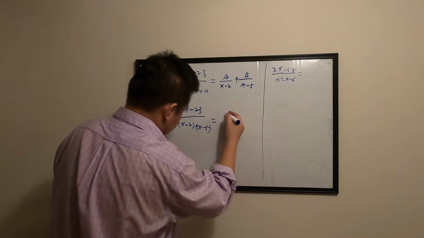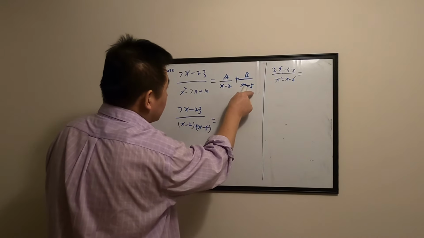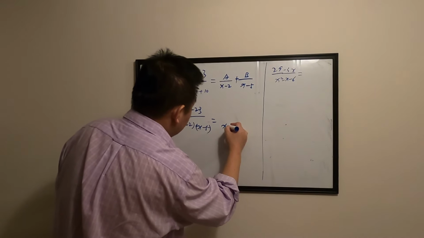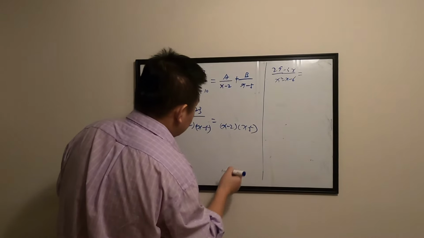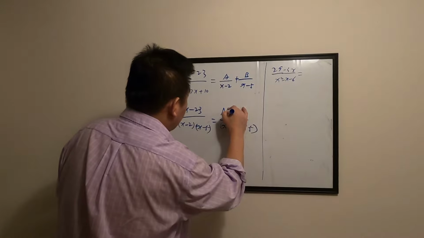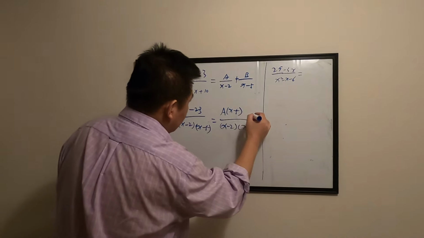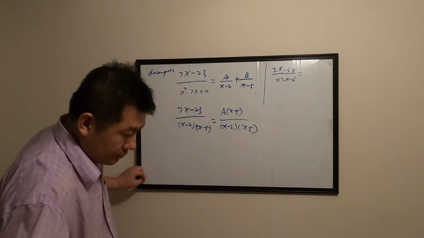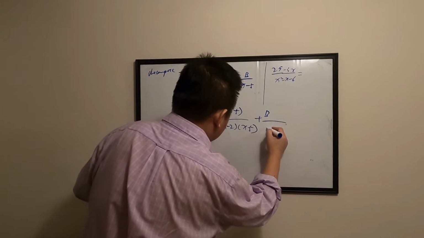So here, we make the denominators the same: A times x minus 5, and plus B here.